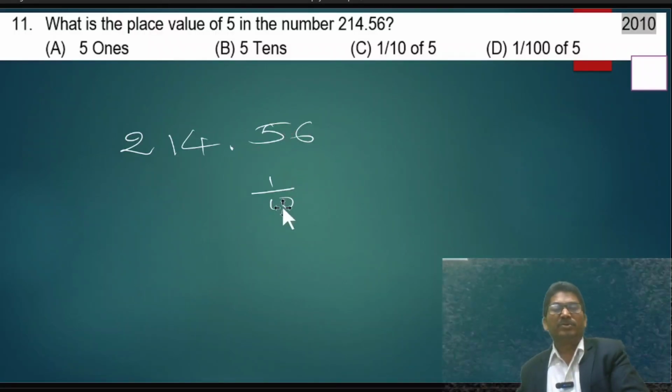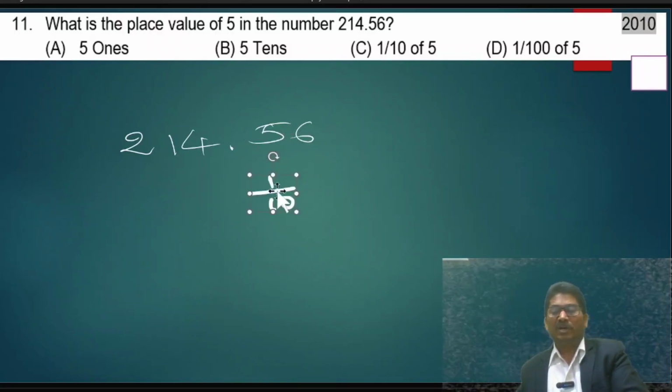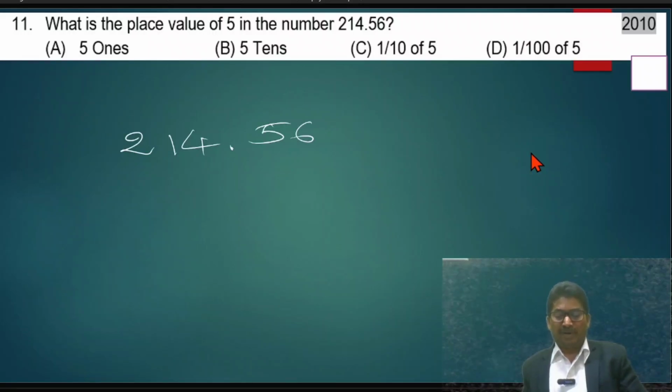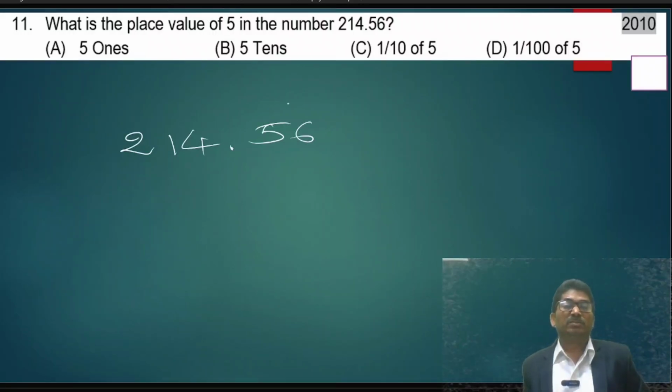Writing it out is best, here you can understand well. So 5 tenths are 1 by 10.